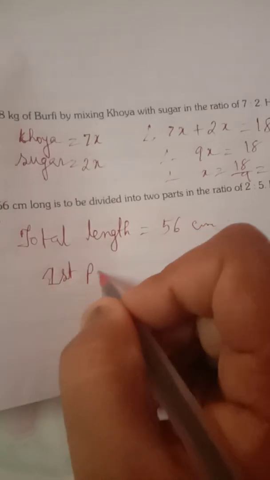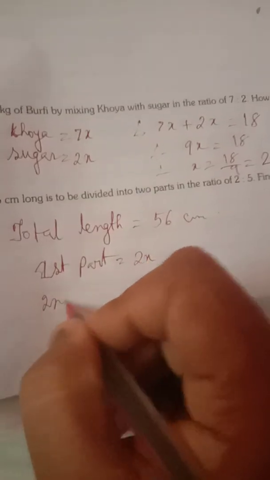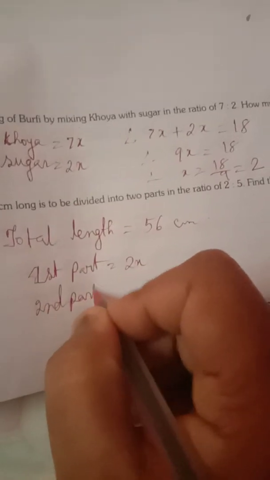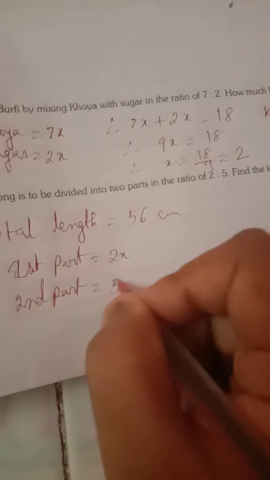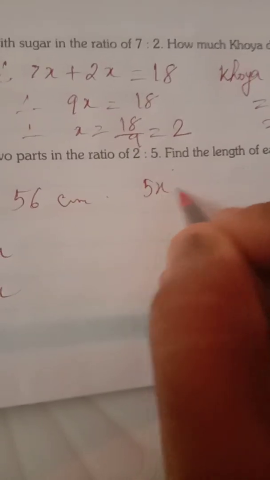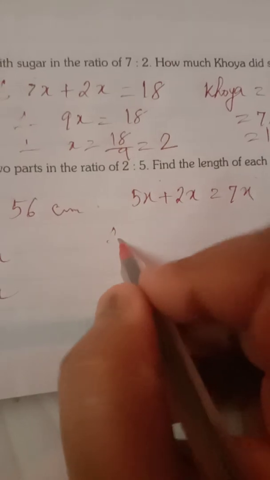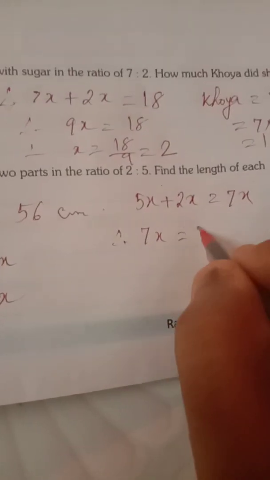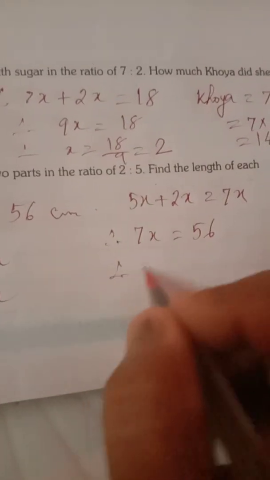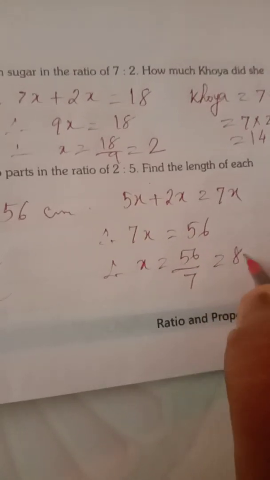First part 2x. Second part 5x. So 5x plus 2x equal to 7x. 7x equal to total 56 centimeter. So x equal to 56/7, that is 8 centimeter.